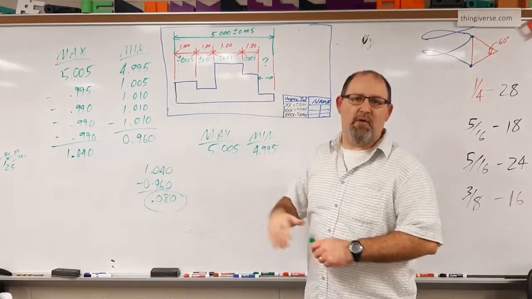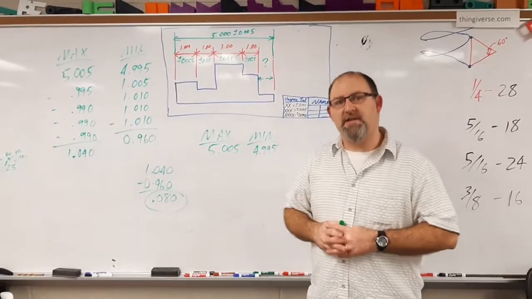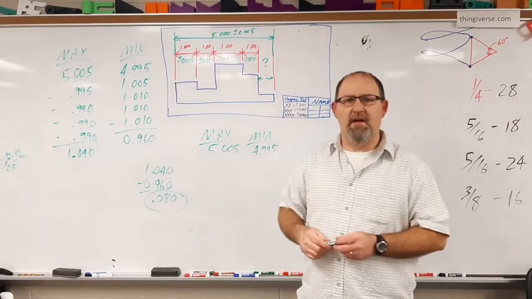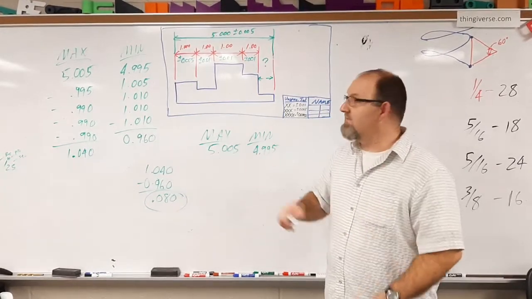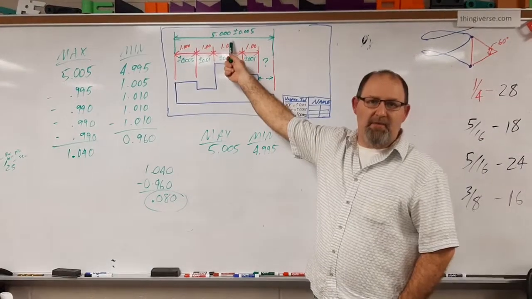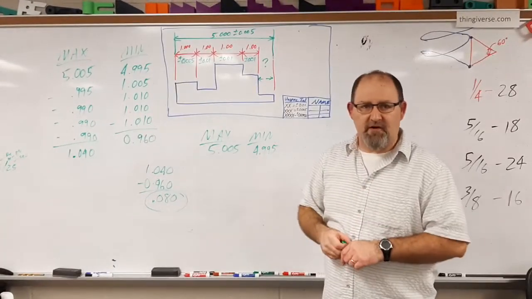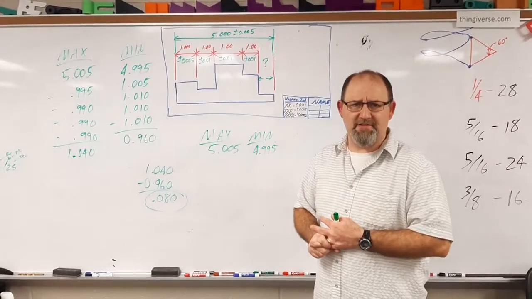So that's the second way that engineers and designers will dimension parts. This is a very common way to dimension parts. In fact, this is one of the more popular ways depending on which industry you're in. The reason for that is because a lot of people like to know the overall dimension, sometimes as far as ordering stock material, and they can use that for reference dimensions too.